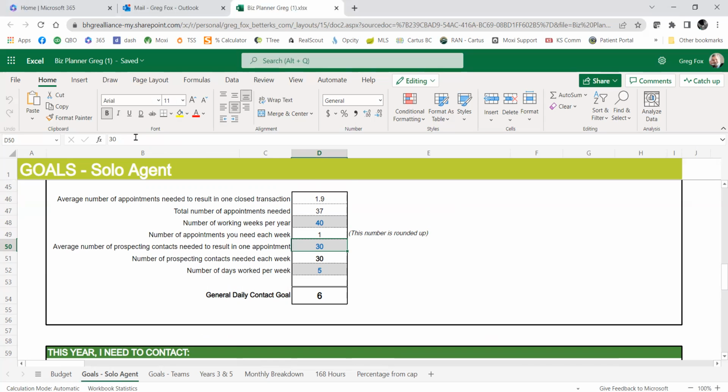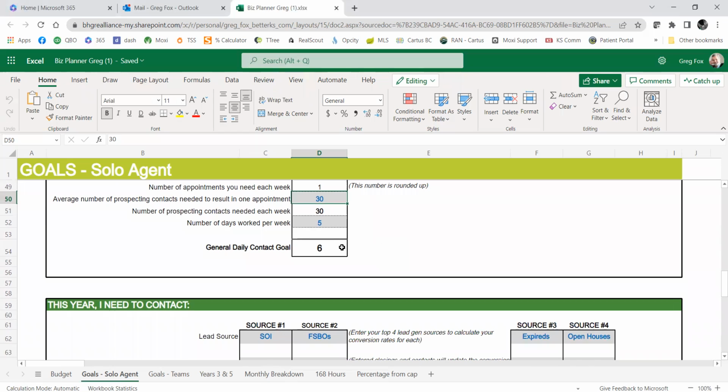I get that, Greg. What I'm wanting to know is how did the number 30 come up? That one is based on what Better Homes and Gardens or Realogy has taken, and some of these are NAR averages. But we're going to affect those in a minute.